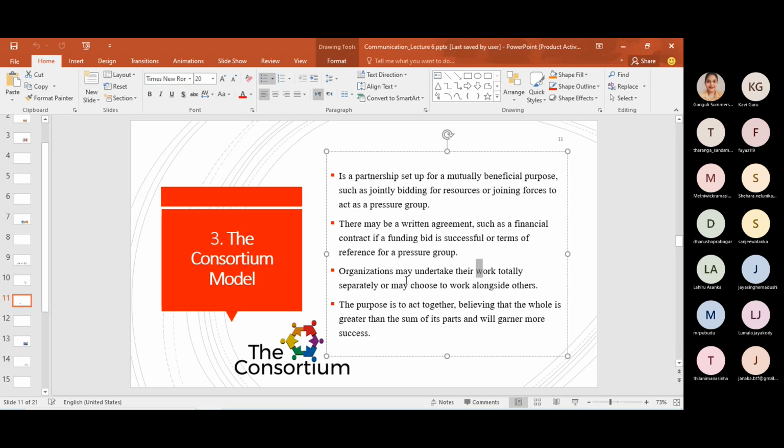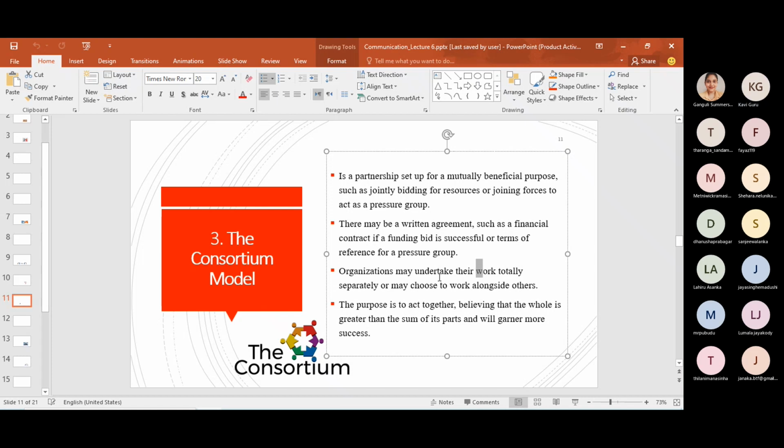Okay, so that's exactly what I was trying to explain here. So in the consortium model also, organizations still work for that common goal, but they work separately. Working separately, but still for that common goal. Even in a group work, some people don't mingle much with the group, but they do their part somehow.